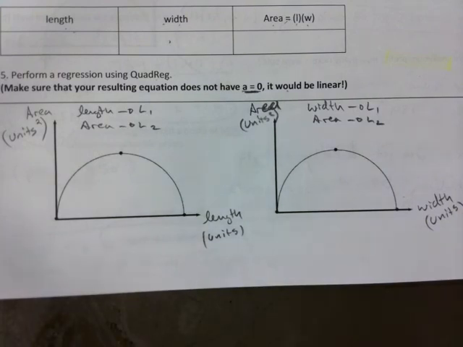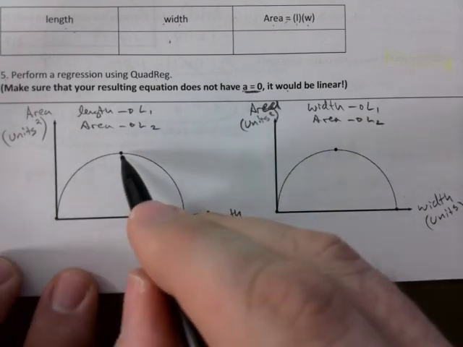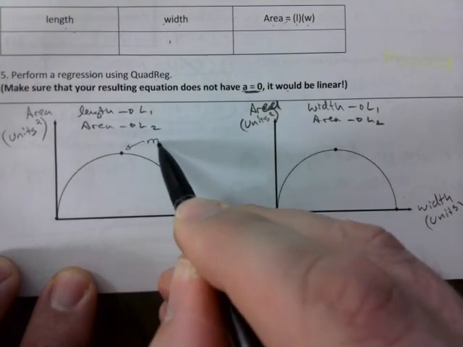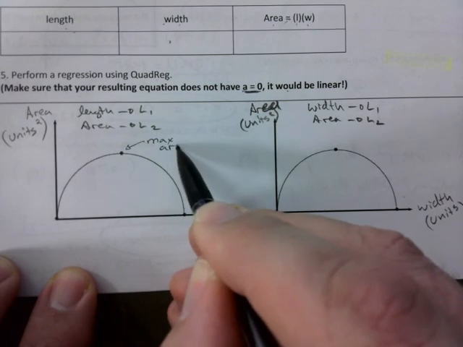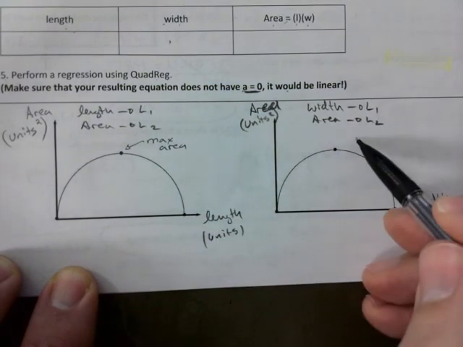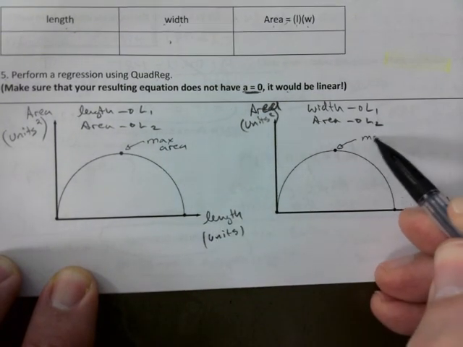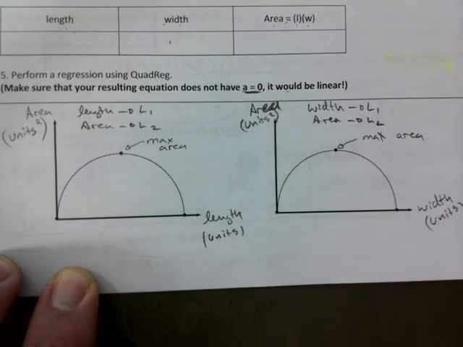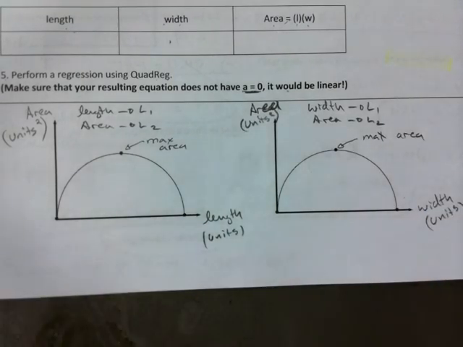We're still talking, just like the profit was the same, there's only one maximum profit that can be had with this scenario. Same with here. So this would be, right, maximum area. And same here, that would be the maximum area found at the top, which we call the vertex.